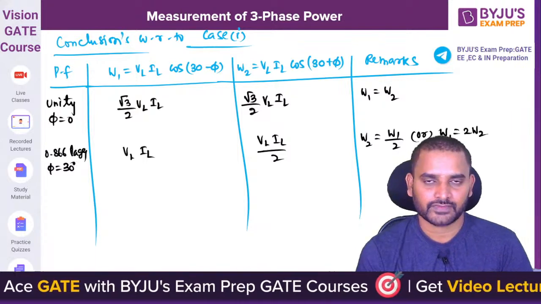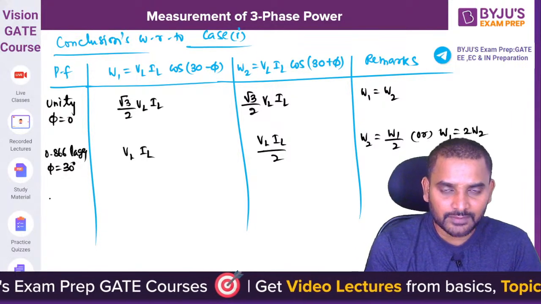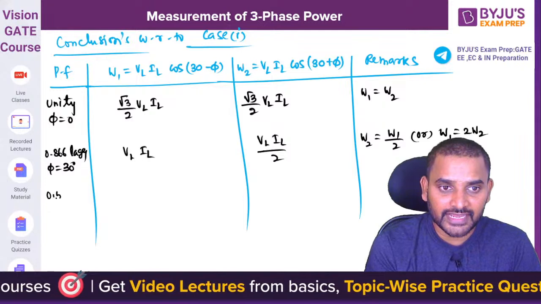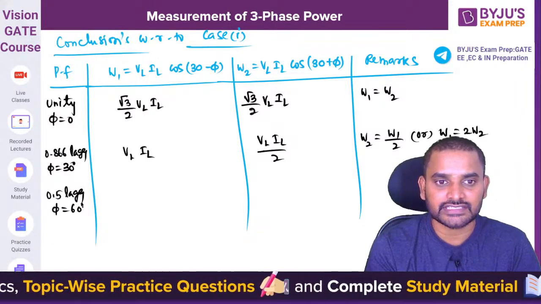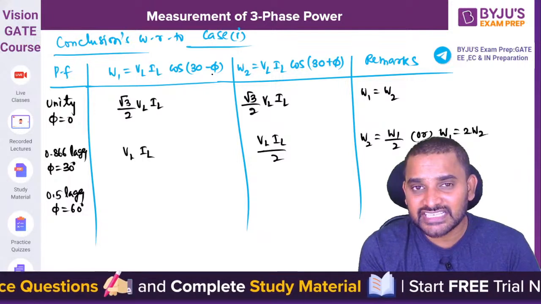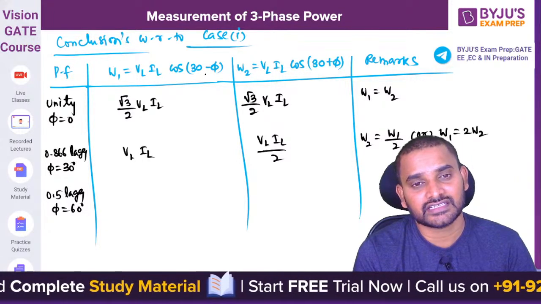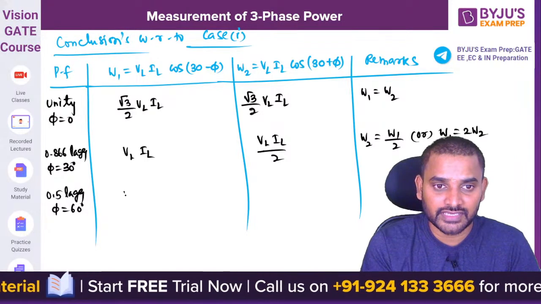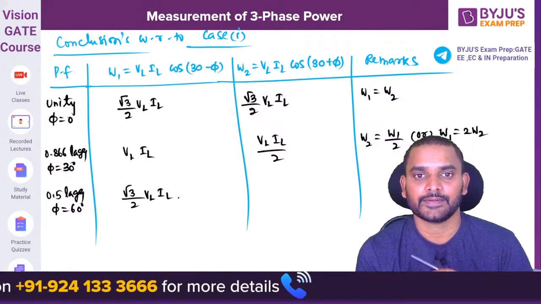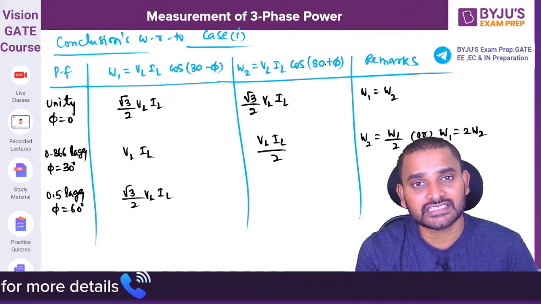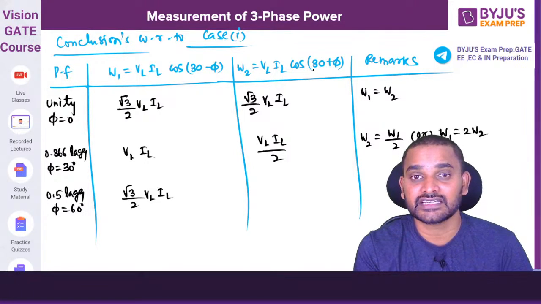Anything is okay. Right. Similarly, you can take up cos 60, 0.5 lagging. Phi is equal to 60 degrees. So if you substitute 60 degrees, 30 minus 60, cos 30 will be root 3 by 2 VLIL. And here if you substitute 60 plus 30, cos 90 will be 0.